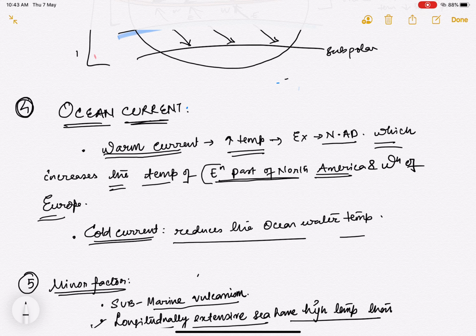They basically increase the temperature of the region. Example is your North Atlantic drift. What it does is that it moves from North America towards Europe. While it increases the temperature over here in the eastern coast of North America, similarly it also increases the temperature over here in the western coast of Europe.